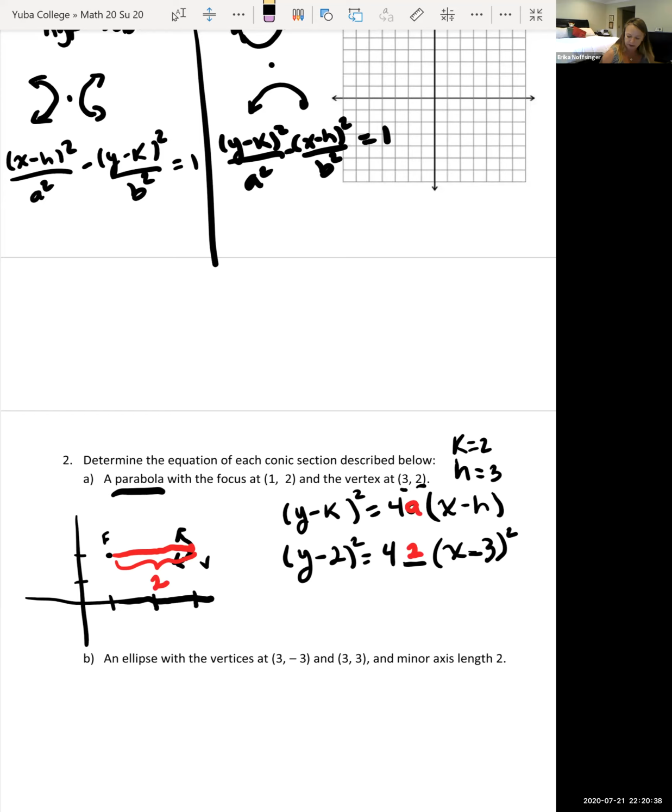So from here, we have the equation of the parabola with the given information. So it's y minus 2 quantity squared is equal to 8 times x minus 3.